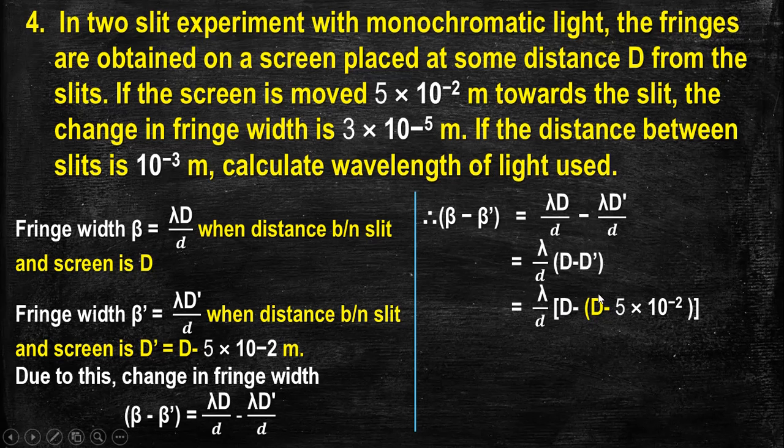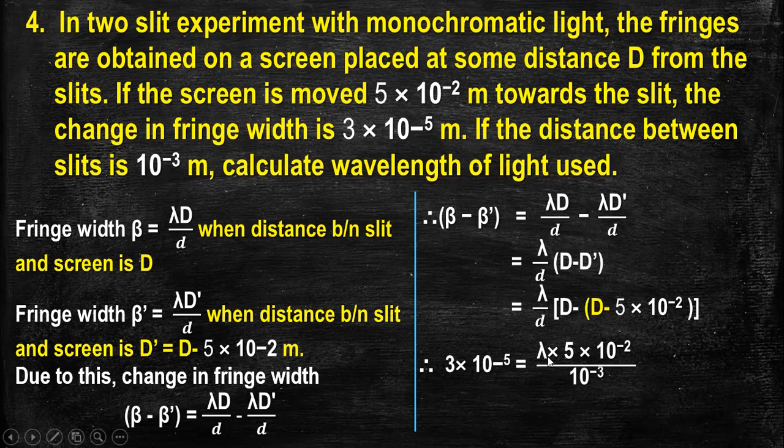So D and D get cancelled, leaving this expression. Beta minus beta dash is already given here, 3 into 10 to the power of minus 5. Lambda you have to calculate, D cancels, leaving only 5 into 10 to the power of minus 2, divided by small d. Small d value is given here, 10 to the power of minus 3.